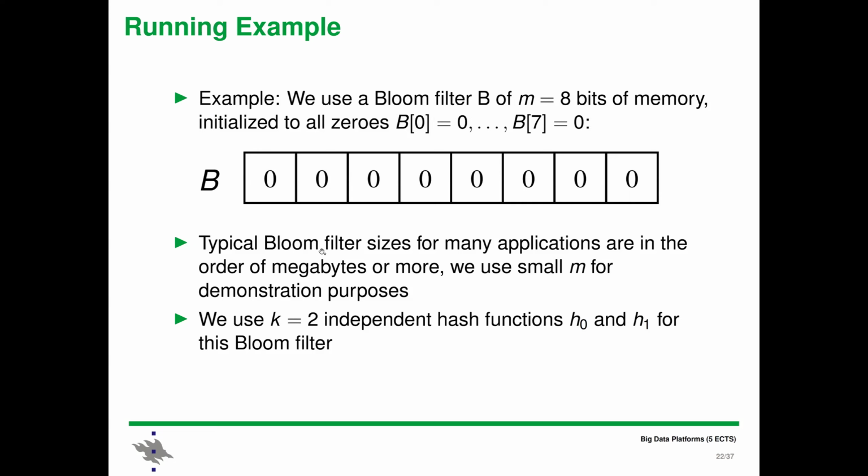Now, typical Bloom filter sizes for many applications are in the order of megabytes, if not more, but here we use m equals 8 just to fit it on the slide. And as said, we'll use k equals 2. And we compute two independent hash functions, h0 and h1, for this Bloom filter.